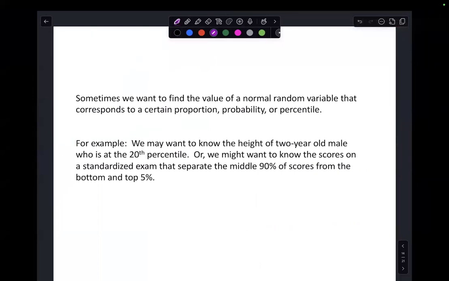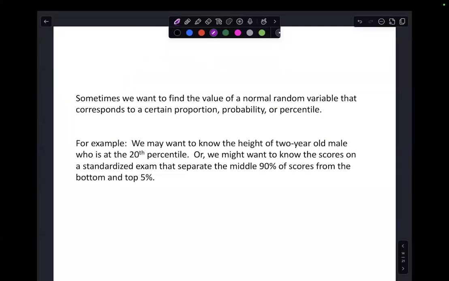Sometimes we know the probability, the proportion or percentile that we're looking for, and we want to know the actual data values that go with that. Because if somebody says you scored in the 98th percentile, but they don't tell you what your score is, and you're a curious type of person, if you know the standard deviation and the mean, you can work backwards and calculate that.